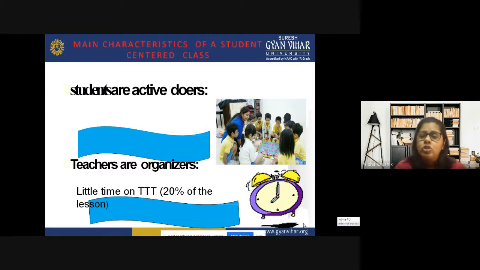They are not just passive listeners or receivers of knowledge. Teachers are organizers. The teacher is organizing each and everything. Little time on TTT, teacher talking time, means 20% of the lesson.